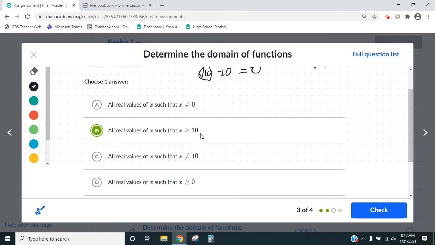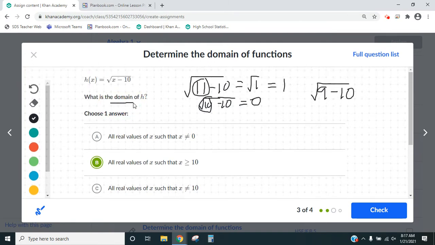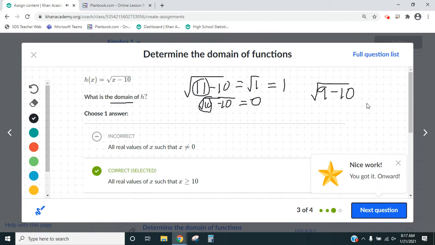So what we're doing is we're figuring out what won't work, but we're answering what will work. All right. So that's kind of the odd part on this. They're not asking you what doesn't work. They're saying choose the domain. And the domain is the list of numbers that will work. Okay. So this one gets a little confusing, but there'll be 3 kinds. It's either fraction, square root, or something else. Right. Okay.